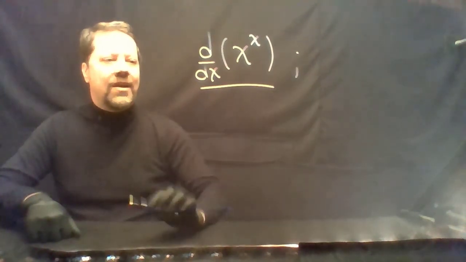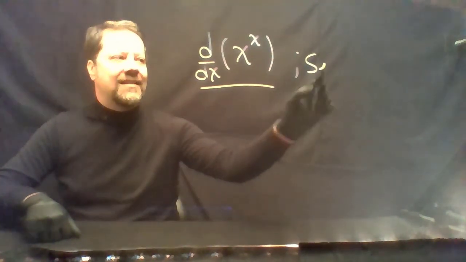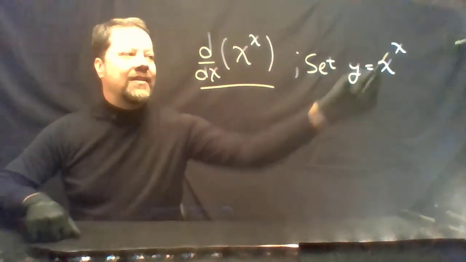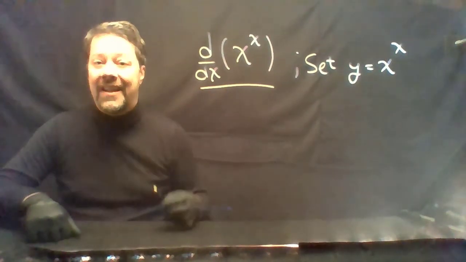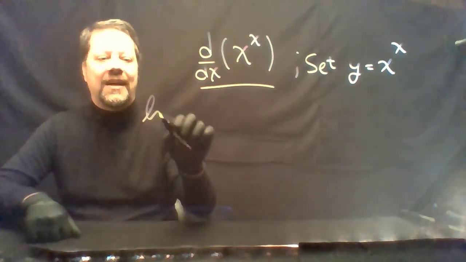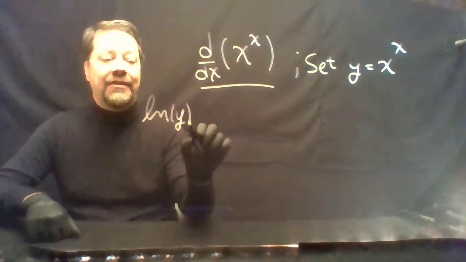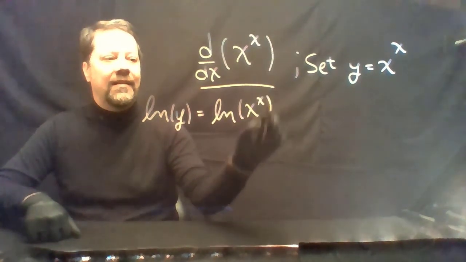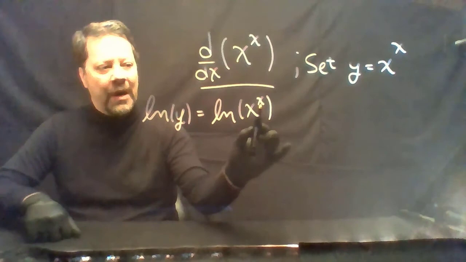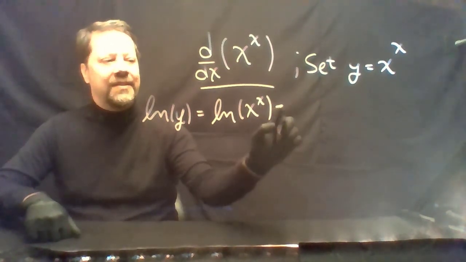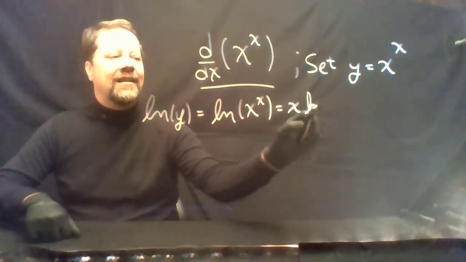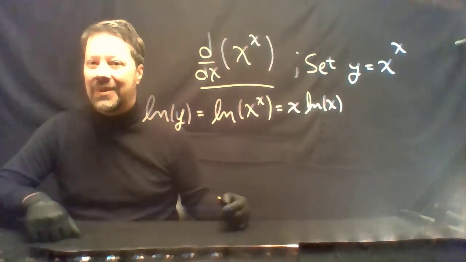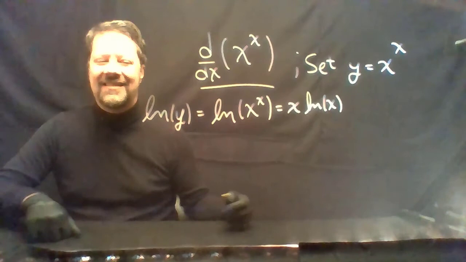So before we get started on this problem, I'm going to set y equal to x to the power of x. And then I'm going to take the natural log on both sides. Haven't done any calculus at all here. But by a property of logs, this exponent can come down front, and we now have a mere product rule on the right-hand side.